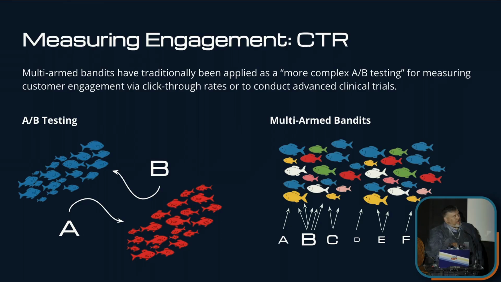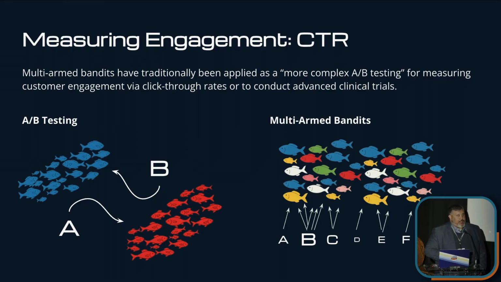Multi-armed bandits, on the other hand, are dynamic. You do not have to assign the groups in advance. In fact, you can assign as they come in based on those probabilities, right? You also update in real time. So multi-armed bandits are more of a real-time experiment, and they are much faster at coming to these dynamic conclusions.